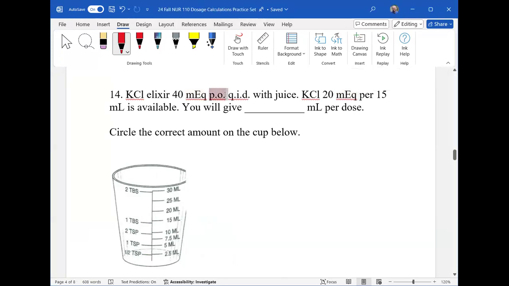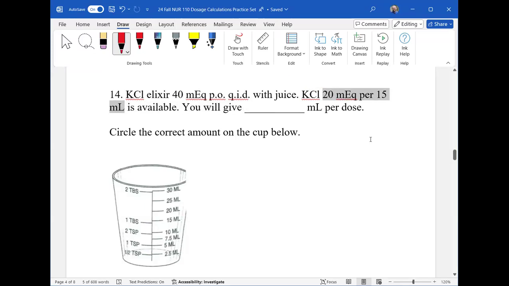PO, you should know, is by mouth, and QID, think Q for quarter, a fourth. So QID is 4 times a day. Okay. So you're going to give this 4 times a day with juice, and then it tells us what we have available. In this instance, it says 20 milliequivalents per 15 ml.